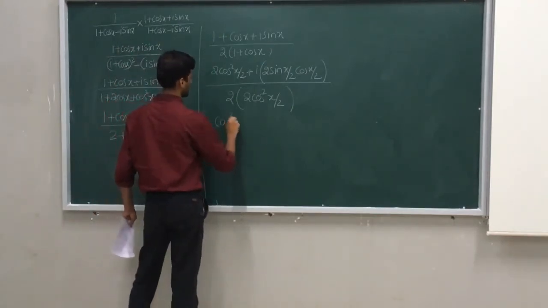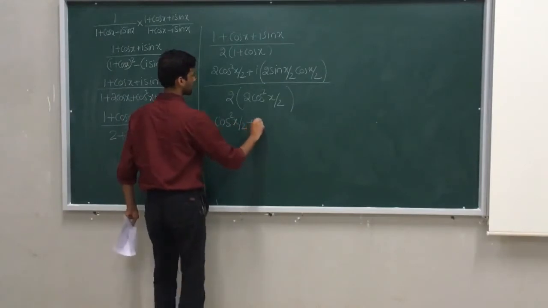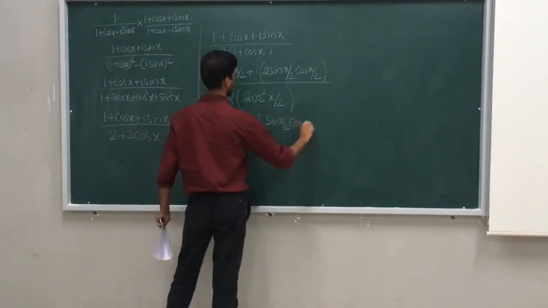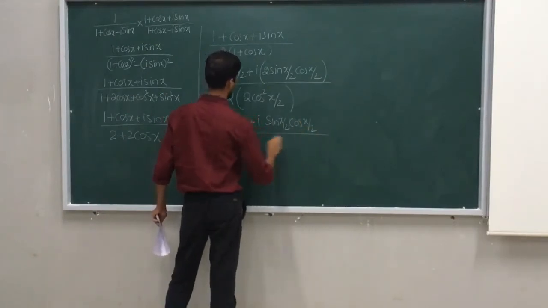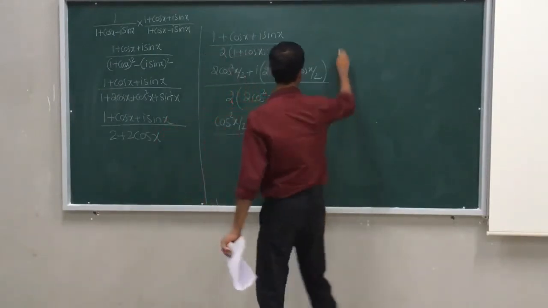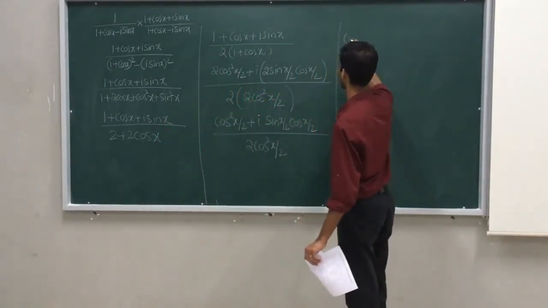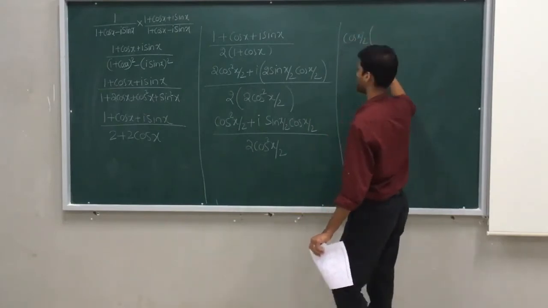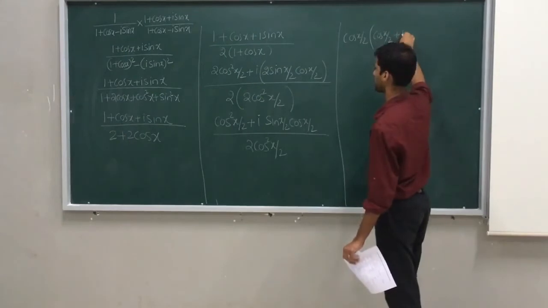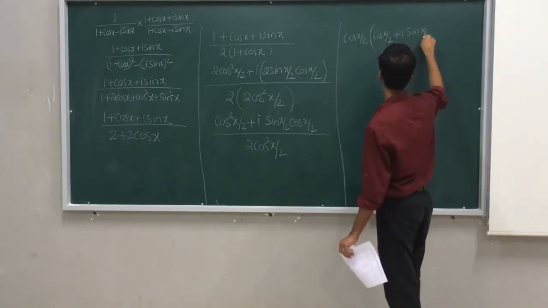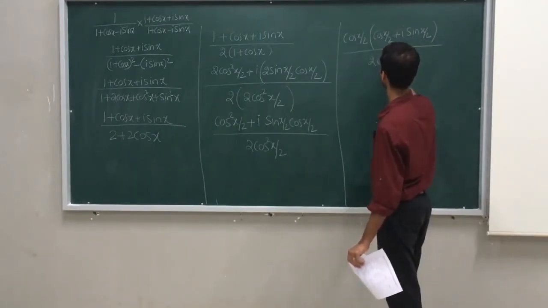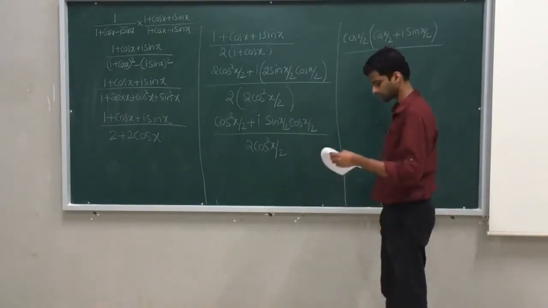You are left with 2 cos square x by 2 plus i times 2 sin x by 2 cos x by 2, divided by 2 cos square x by 2. In the numerator, I will take cos x by 2 common. You are left with cos x by 2 plus i sin x by 2 divided by 2 cos square x by 2. Yes.